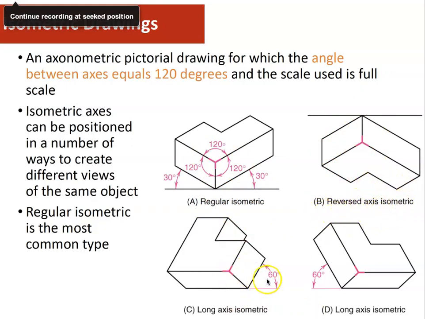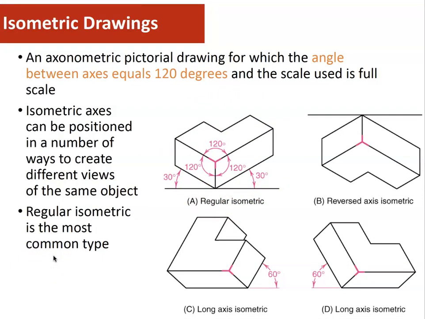And this one, you tilt the object by 60 degrees. It is called the long axis isometric, and this is called the long axis isometric as well. You have that 60 degrees. It's the same thing, but just flipped. But we will use the regular isometric for our class. Regular isometric is the most common type.